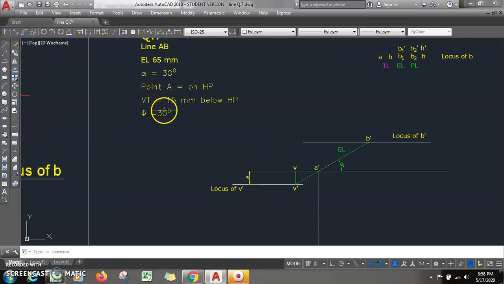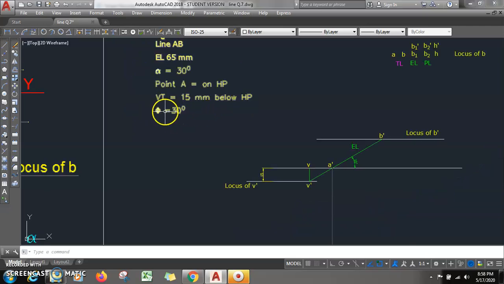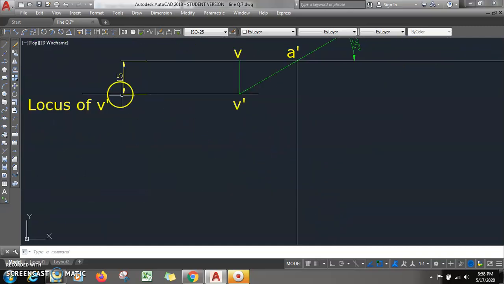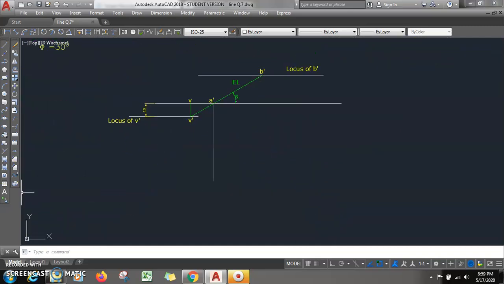Now once we have this, is there any data remaining? You see, only phi is remaining, but to utilize this data, we should have true length. But we don't have the location of point A as such. So here we don't have an option, so we need to assume something.